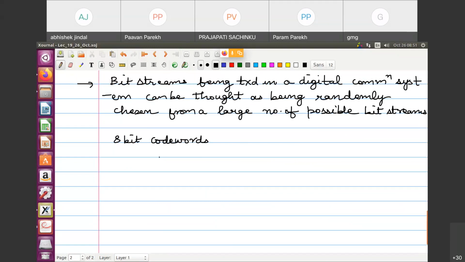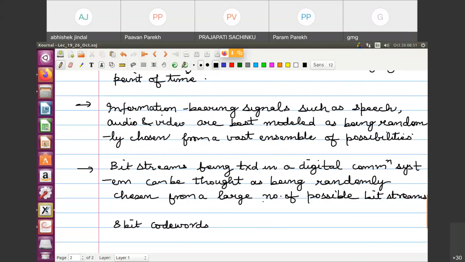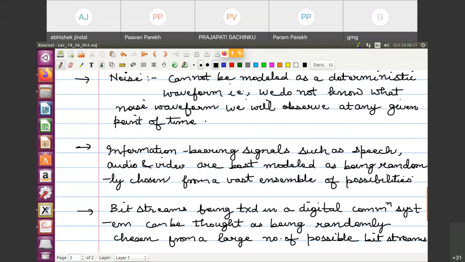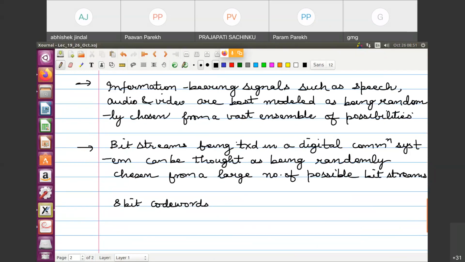And the theory of random processes is quite well known, quite well studied. You have several results in that theory. So if we assume our bit streams, our information bearing signals, are chosen this way, then we can definitely apply that theory to the study of communication systems.